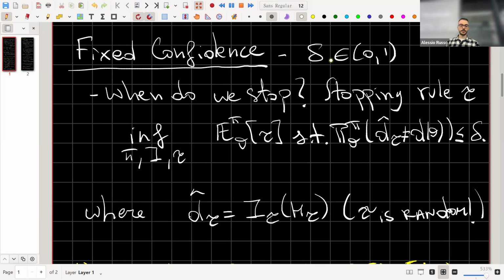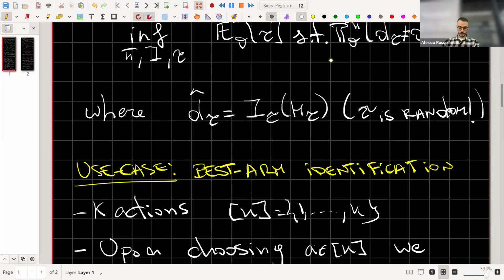In the Bayesian case, theta is not fixed, but we have a prior over thetas. But here we are not considering any prior. We just fix the theta, but in the last lecture, we will consider a prior over theta.